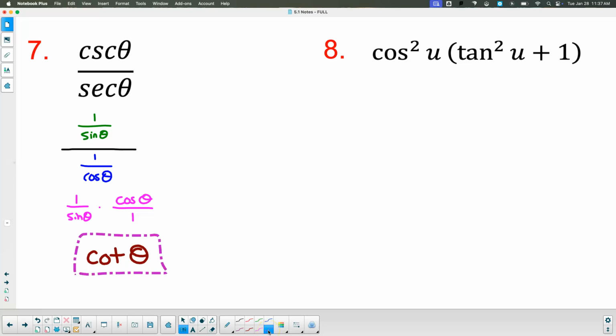I get cotangent of theta for number 7. Yes? Yeah. Tangent squared plus 1 is secant squared. Cosine squared is just cosine squared.